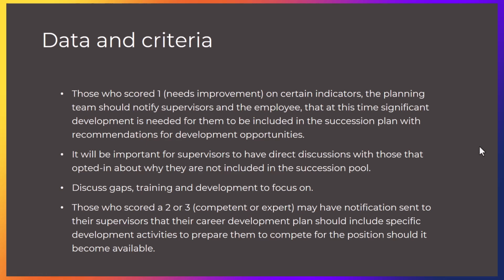Data and criteria continued here. So for those who scored a 1, which is needs improvement on certain indicators, the planning team should notify supervisors and the employee that at this time significant development is needed for them to be included in the succession plan, with recommendations for development opportunities.